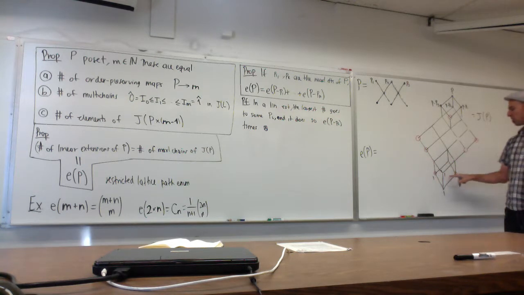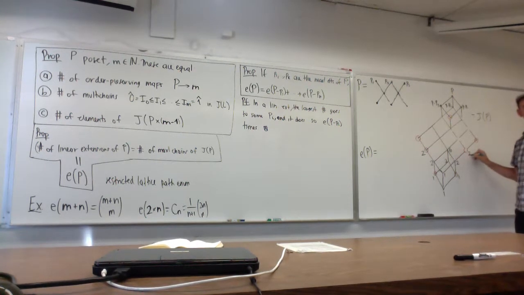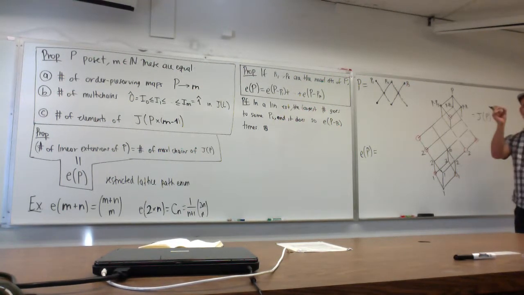Here, 1 plus 1 is 2, 1 plus 1 is 2, 1 plus 1 is 2. Here, you get 2. Here, you get 2 plus 2 plus 2, 6. Here, 2. Is it clear what I'm doing? So at each point, I'm adding the numbers directly below.